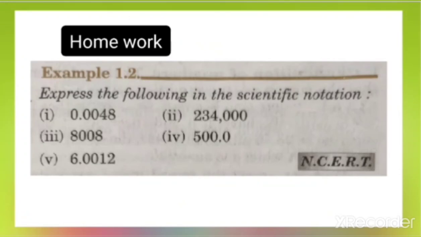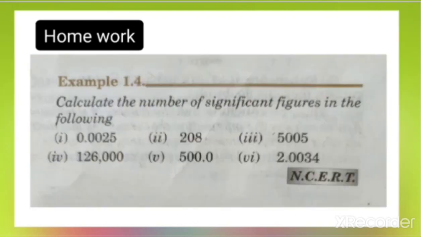So here there is homework for you, that is NCERT text questions. The question is, express the following in the scientific notation. You do it and find out the significant figures. So here in this case you have to find out the number of significant figures in the following.